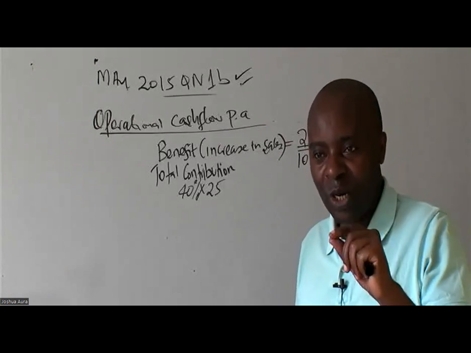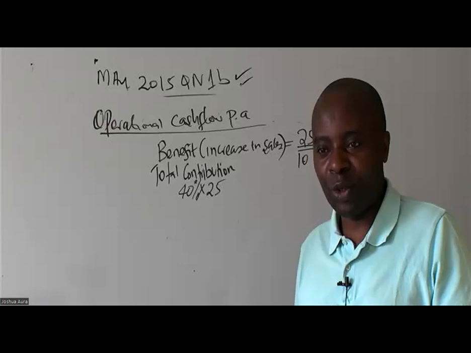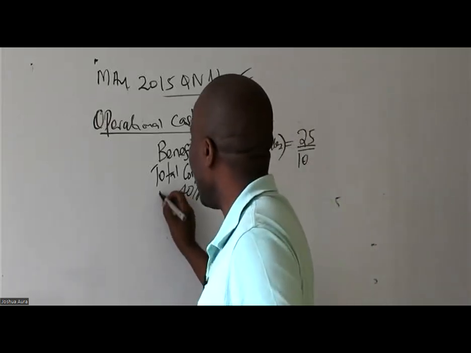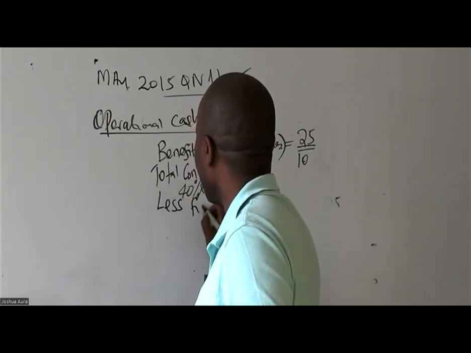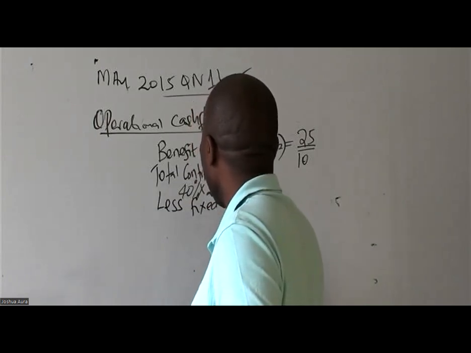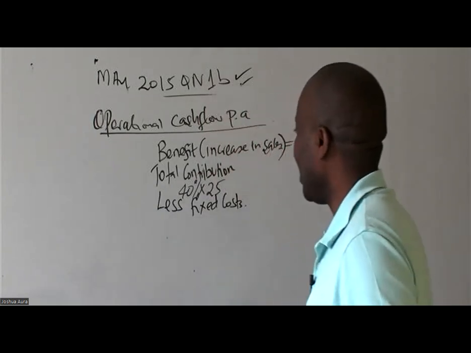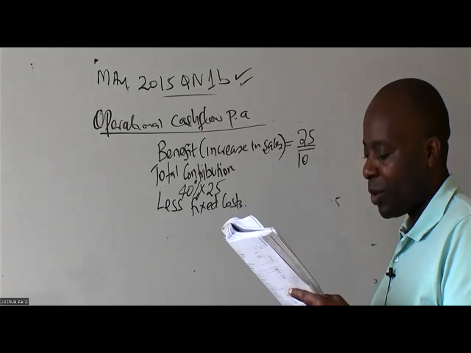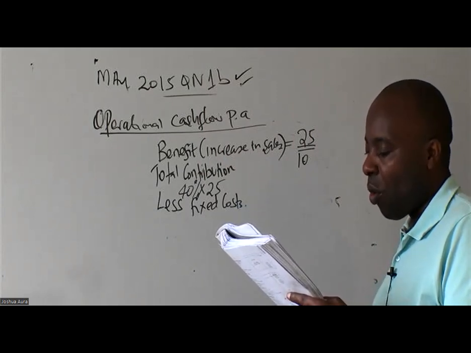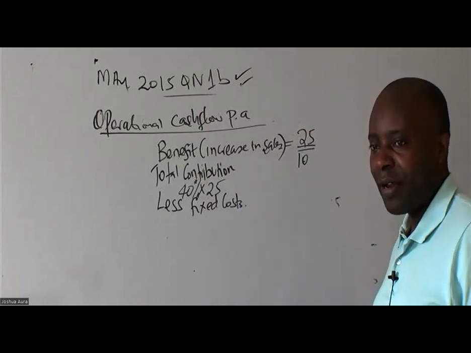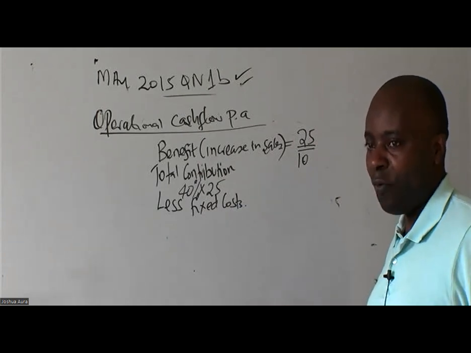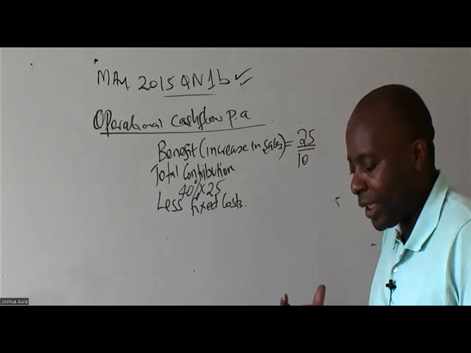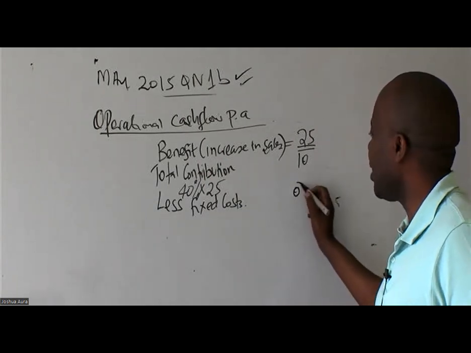We subtract the firm's fixed costs. There is no fixed cost provided associated with this new machine, no incremental fixed cost. So fixed cost there is 0.